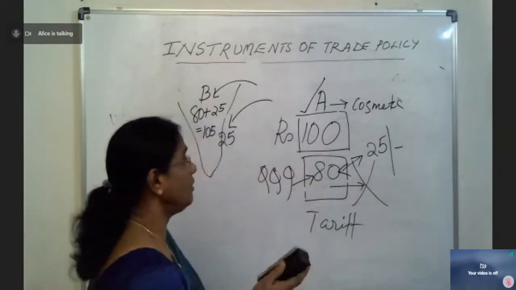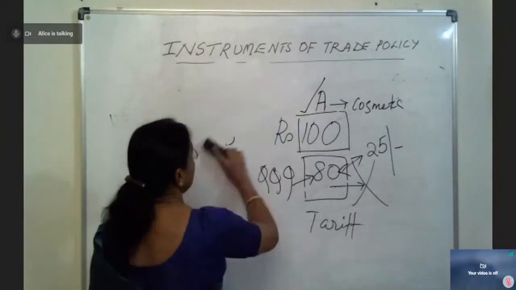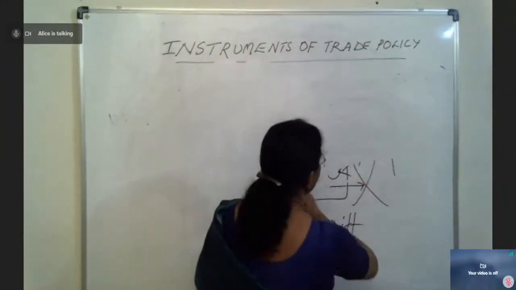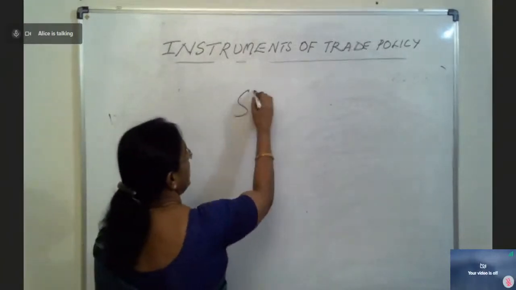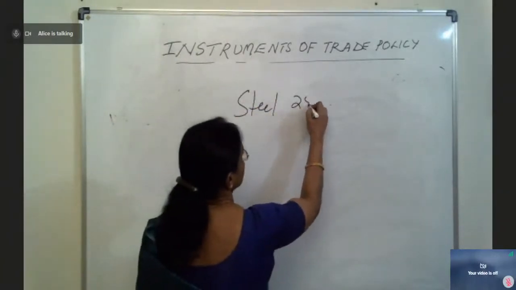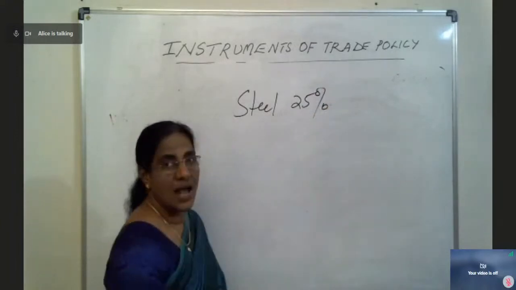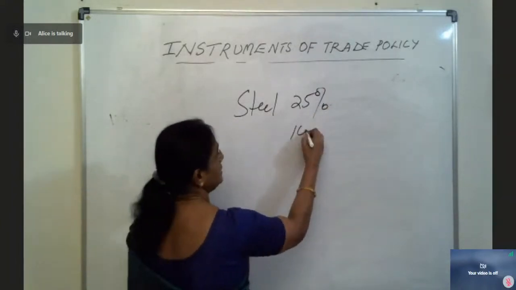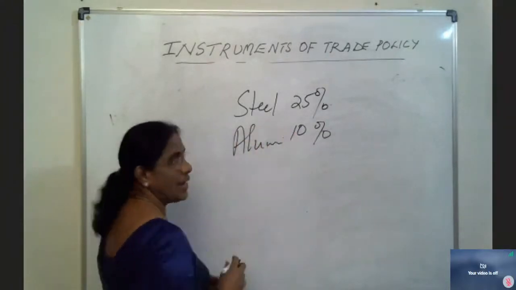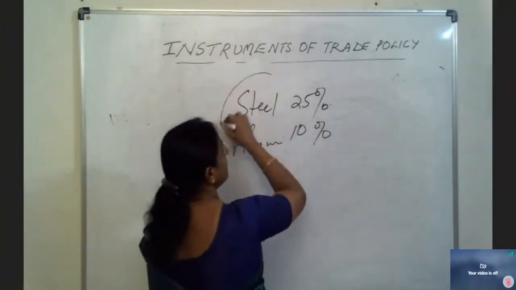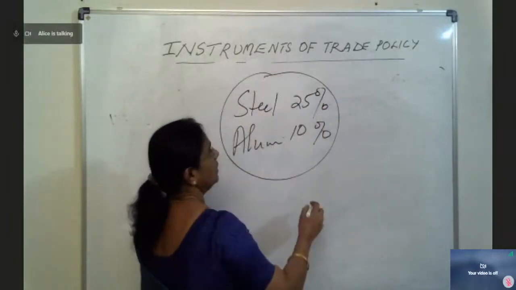A 25% tariff, which is very high, on steel, and a 10% tariff on aluminium. What is the objective of doing this?